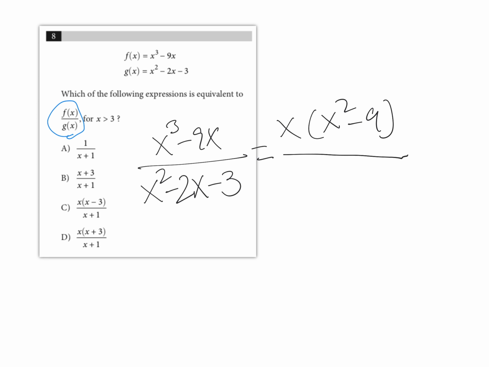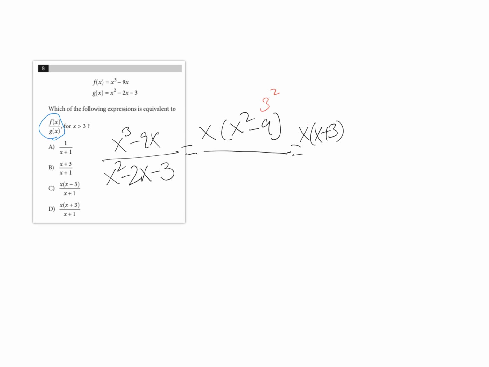And if you know your difference of squares formula, you should be noticing, oh, I love it when I have x squared minus another square, 9, which is also 3 squared. And I know that can further be simplified into x plus 3, x minus 3. So in the numerator, our form after simplifying will become x times x plus 3 times x minus 3.